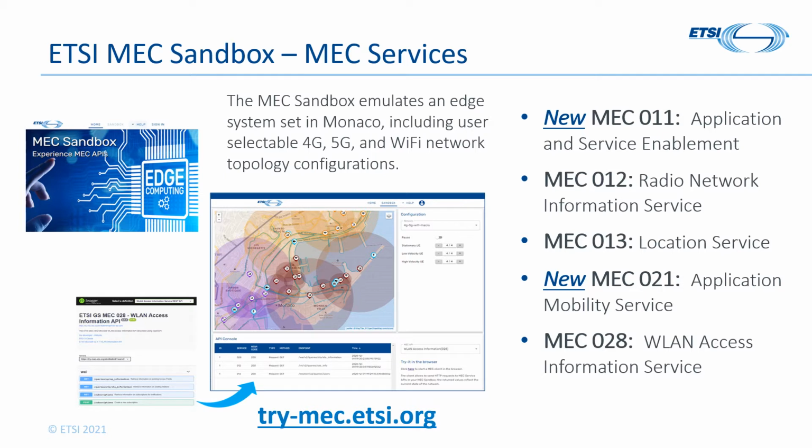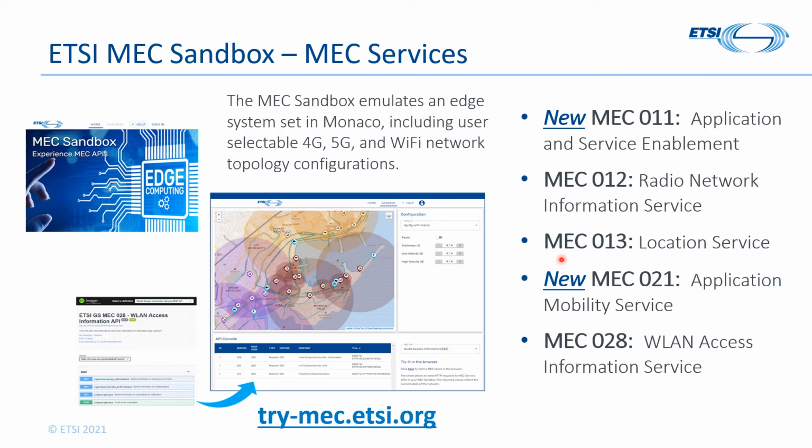For services, when MEC Sandbox was launched in January 2021, it offered MEC 12 Radio Network Information Service. It provides contextual information about the wireless conditions in the radio network.